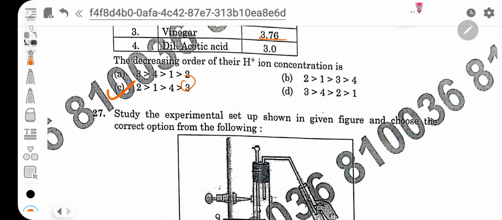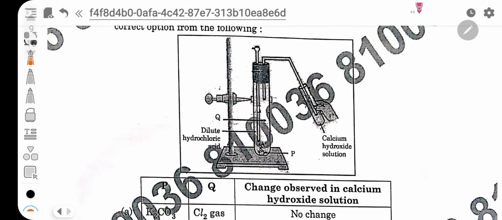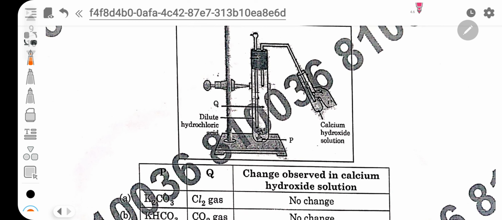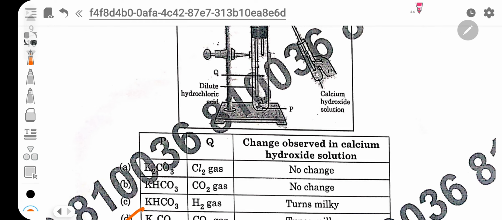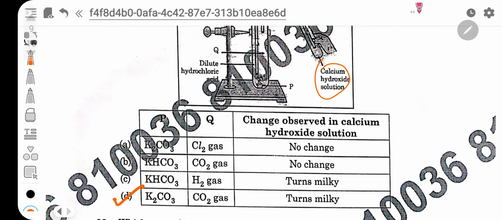Question number 27. Study the experimental setup shown in the given figure and choose the correct option from the following. This is hydrochloric acid, and we have to identify what P is, and this is calcium hydroxide solution. The answer will be K2CO3, potassium carbonate.